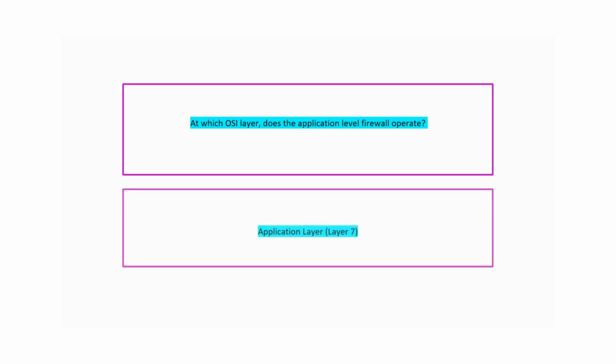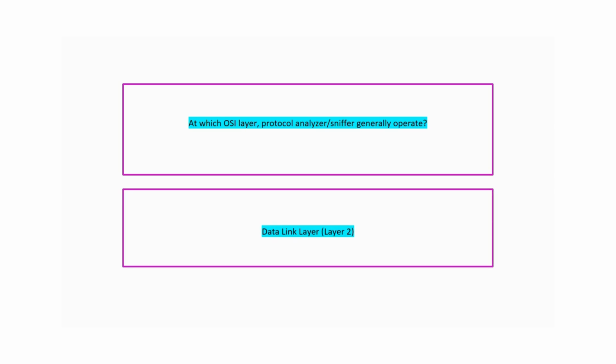Next question. At which OSI layer does the application level firewall operate? Application layer, that is the topmost layer. Next question. At which OSI layer does a protocol analyzer sniffer generally operate?